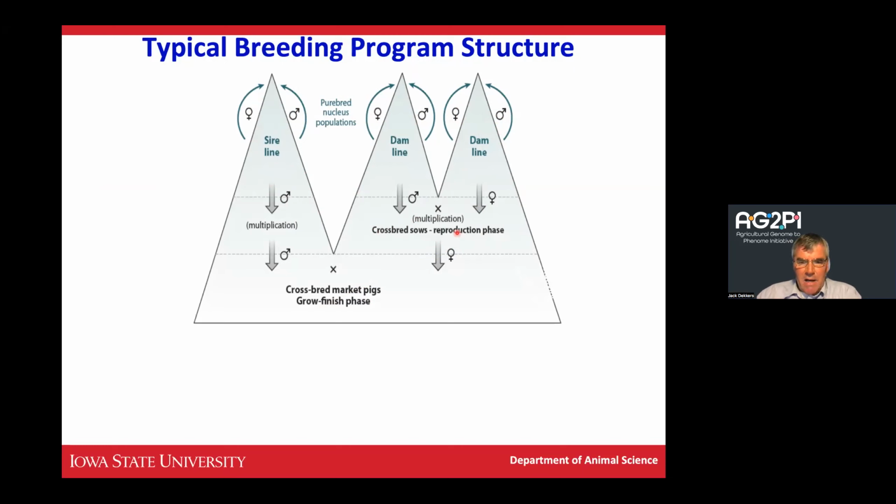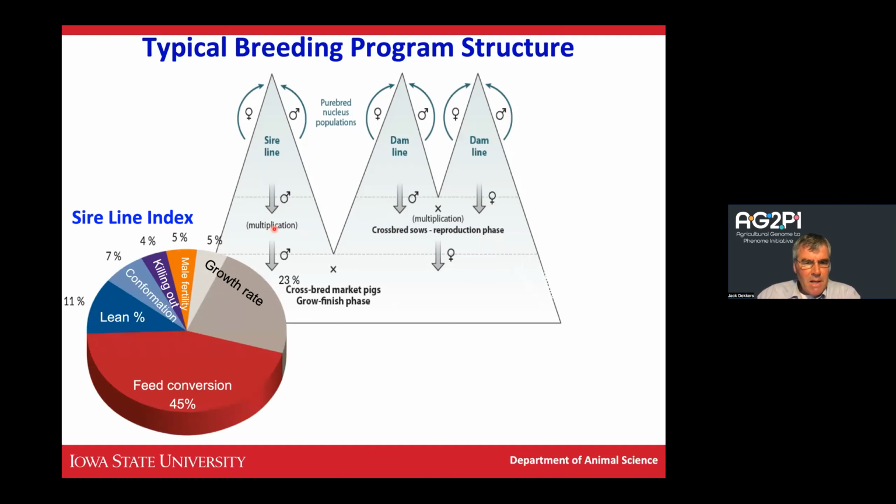They're crossbred to benefit from heterosis on litter size and other reproductive traits. And then the final market pigs are produced by crossing these crossbred females by what's called a terminal sire line. And that also drives selection in these different lines.